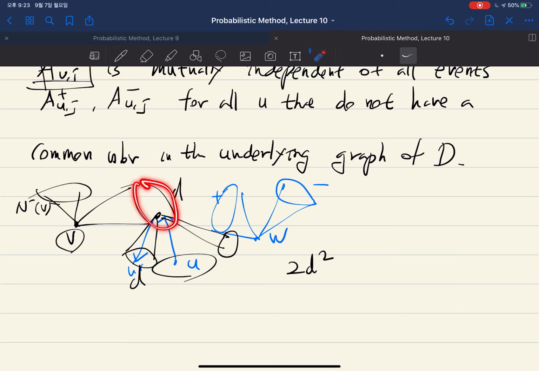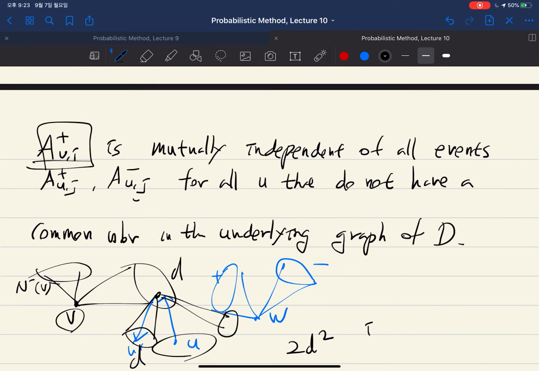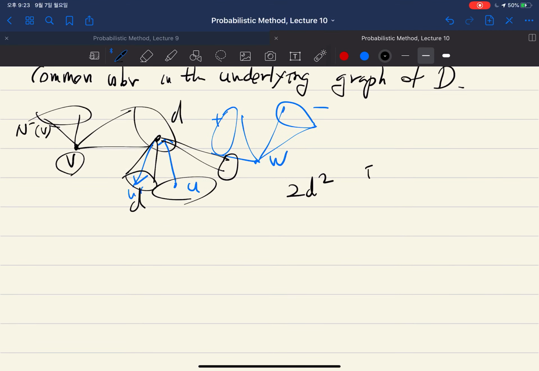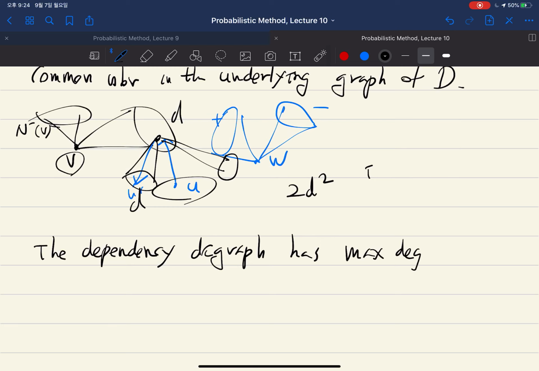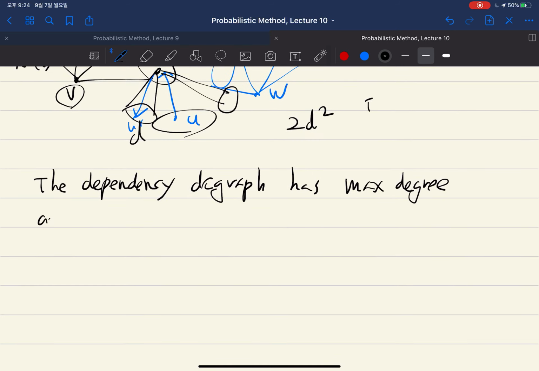So you take other 2d more events from each of the vertices, and the choice of i or j here is p. So altogether, the dependency digraph for those events has max degree at most 2d squared p.